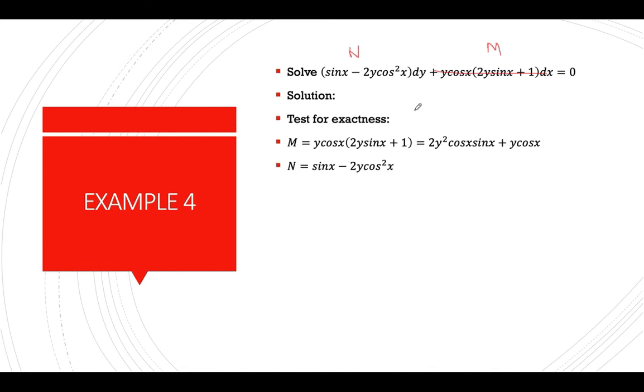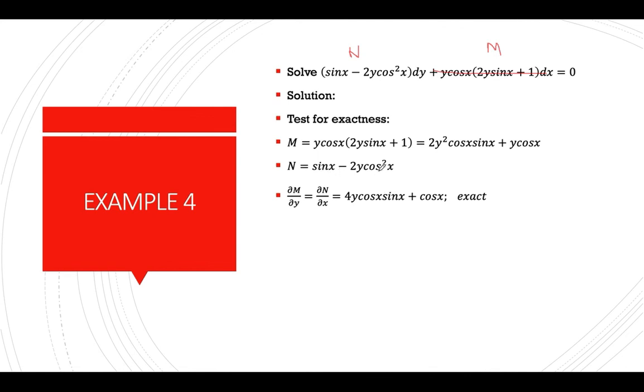So the partial derivative of M with respect to y, x will be constant, so copy 2 cosine x sine x, and the derivative of y squared is 2y, so you get 4y cosine x sine x, and then cosine x is constant, derivative of y is 1.